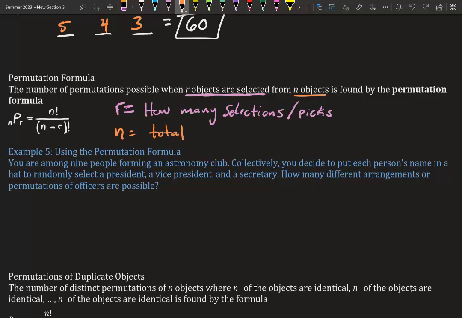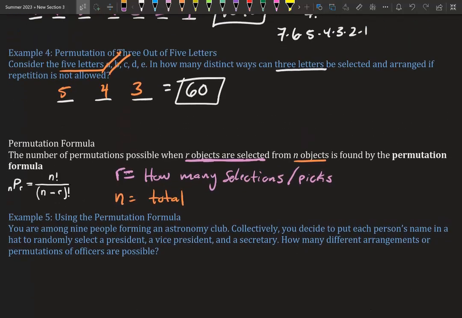So your r is how many you're picking, and your n is your total. So just like in example 4, if we said I have 5 letters but pick 3, your n would be 5, and you're picking 3. You could actually use the formula and you'll still get 60.